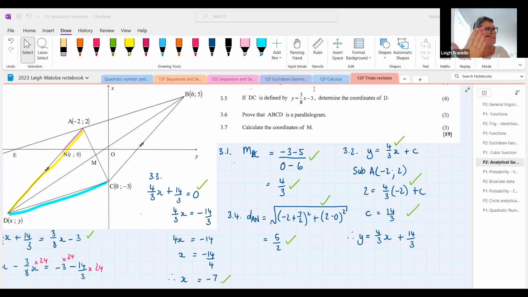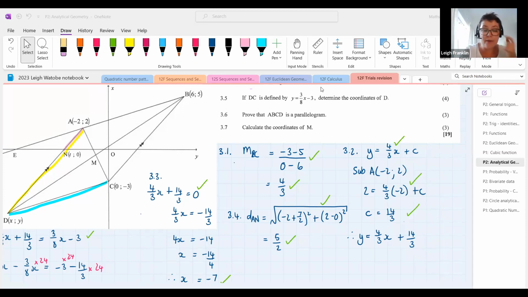What's the 5th way? I can't think of it off the top of my head, but there's 5 ways that you can prove it. So what I would do here is don't create more information and more work for yourself than is necessary. It's only out of 3 marks. So theoretically, we shouldn't be spending more than 4 minutes on this problem.